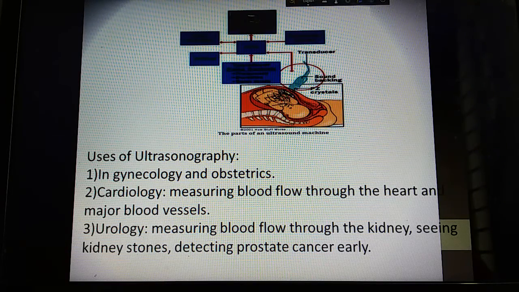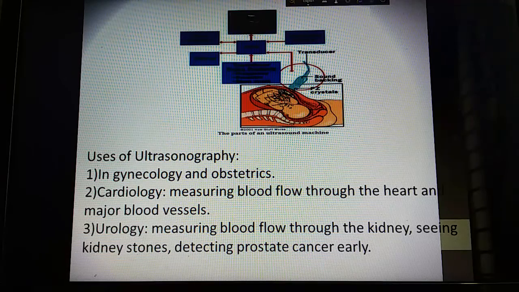The image can be two-dimensional or three-dimensional, according to the type of examination. Different kinds of images can be formed by the ultrasonogram or ultrasound machine. So this ultrasonogram machine is very familiar for gynecological diagnosis, for urological treatment, for cardiological diagnosis, etc.